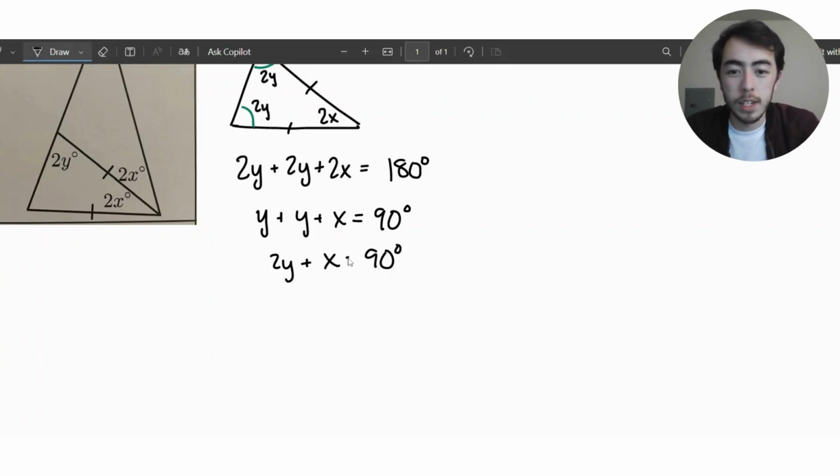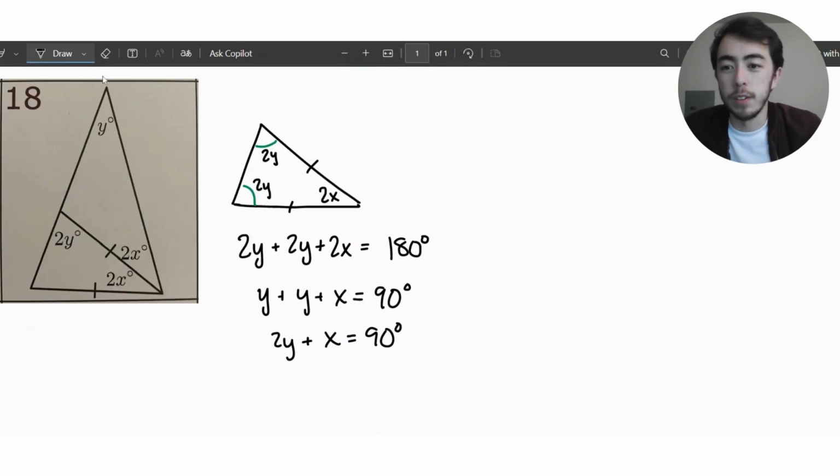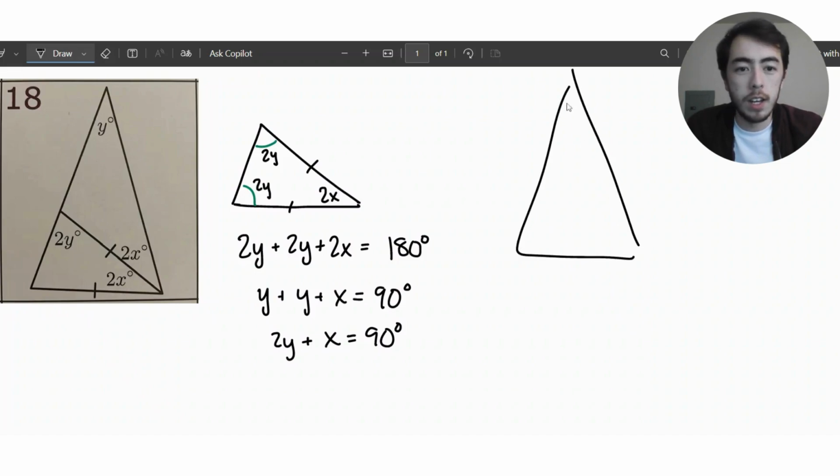And I'd like to make another one, because if I have two equations and two unknowns, then you're able to solve for both. So if I look at the big triangle, the one made up of the two smaller ones, I know that I have an angle of y here, and then 4x in this corner, because I'm just adding both of those two x's. And then this is still a 2y in the bottom left corner.